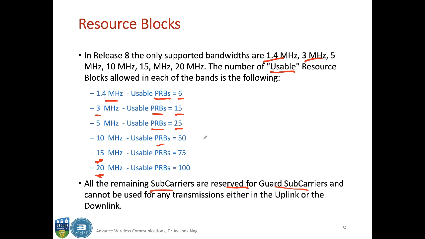Okay, so that's what is meant when I say that if you multiply these numbers with the actual bandwidth of each of these resource blocks, then it won't make 1.4, 3, etc. So there will be some remaining bandwidth, and they are used for these guard bands. Okay.